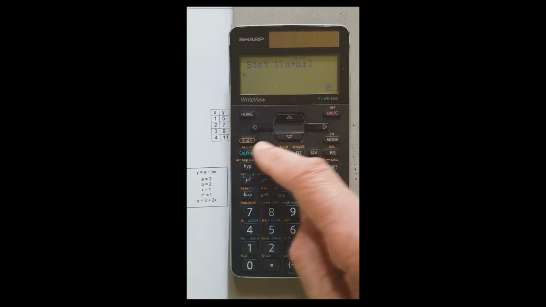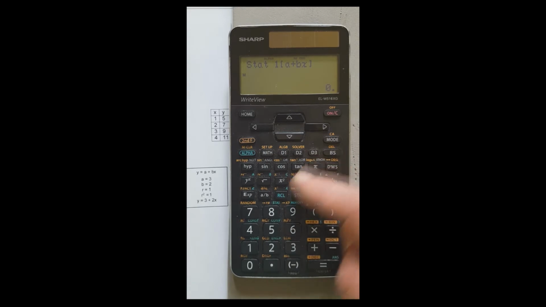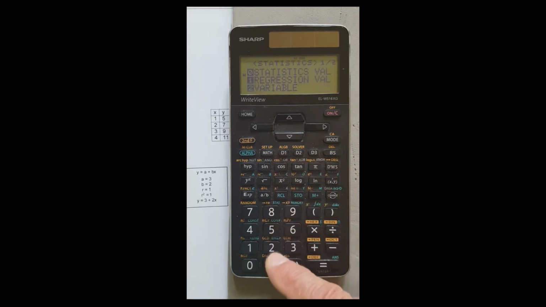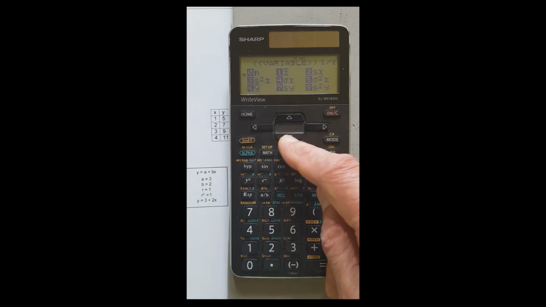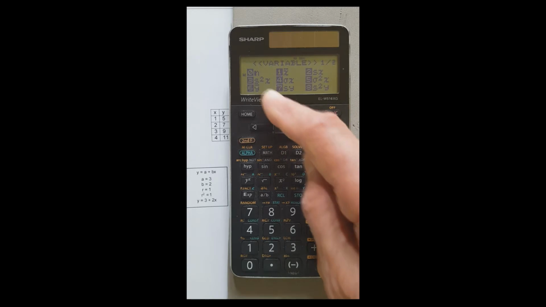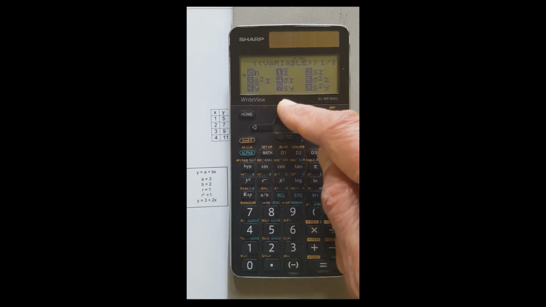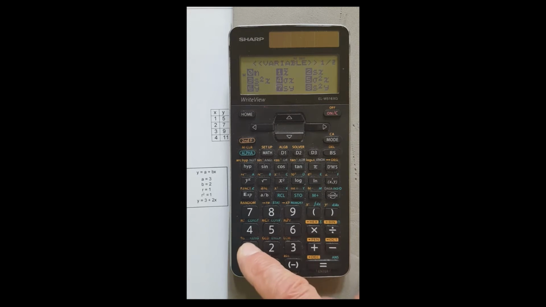If we clear that, alpha stat, let's check out the variables, number 2. So a list of individual variables, you select the one you want by selecting the number. I'm just going to choose number 1 for x bar here as an example. This tells me x bar equals 2.5.